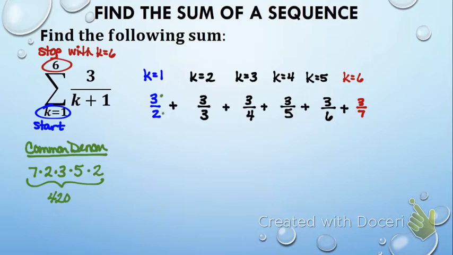What do I need to multiply top and bottom by if I need a common denominator of 420? So you get all of the factors, and you just multiply them together? I need to make sure that I have every single factor represented. If there was an 8 up here, I would need one more 2, because 2 times 2 times 2 would give me 8.